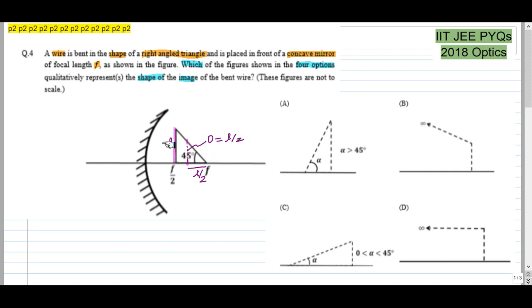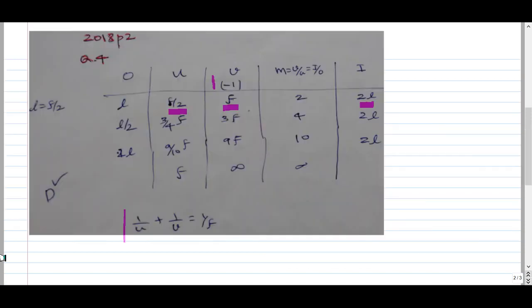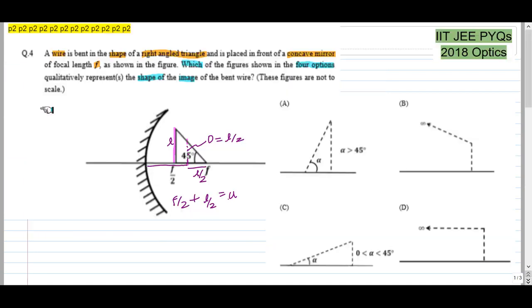And u, the object distance, is from here to here, that is f by 2 plus L by 2, and L is f by 2, L and f are related like this. So from this we get u as 3 by 4 f.